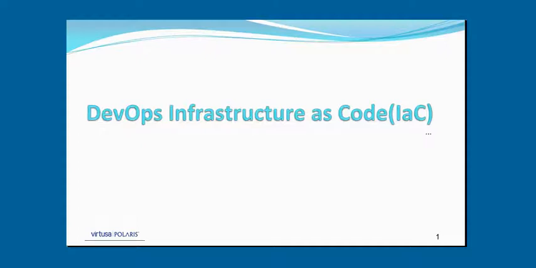In today's session, I am going to walk you through a live demo to showcase DevOps infrastructure as code. Infrastructure as code means writing code to manage configurations and automate provisioning of infrastructure in addition to deployments.